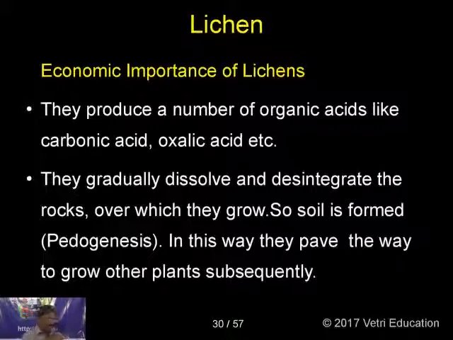The first plants are the lichens, which dissolve the rock particles and prepare some soil. Still they produce acids, more soil is prepared, then mosses, bryophytes develop. After bryophytes, pteridophytes develop, then gymnosperms, then angiosperms, and the whole vegetation is developed on the rocks. That is called the xerosere.